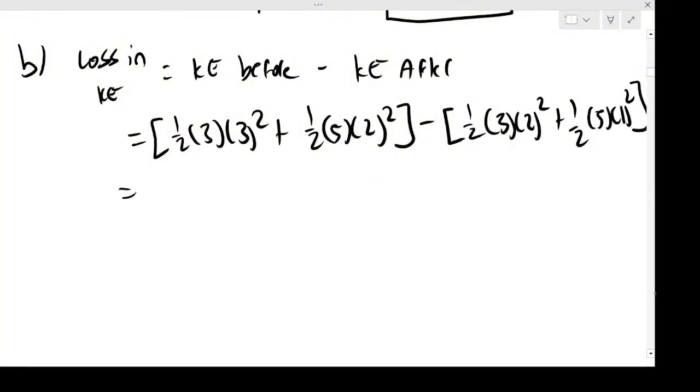Just chuck all that in the calculator. We get 15 joules, and that is my loss in energy there.